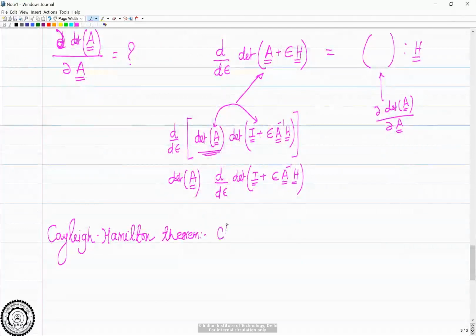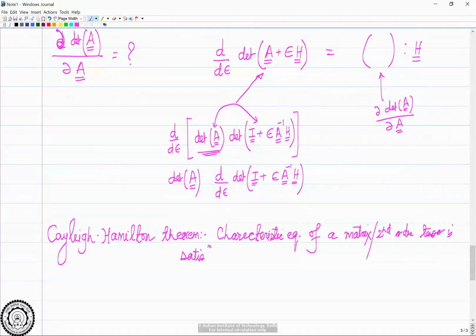It says that the characteristic equation of a matrix, or second order tensor, is satisfied by the tensor itself.